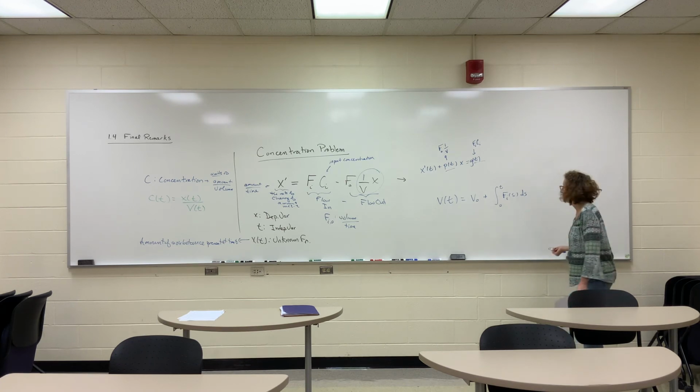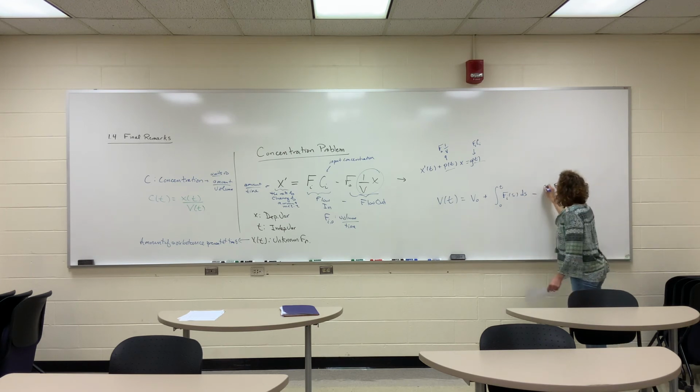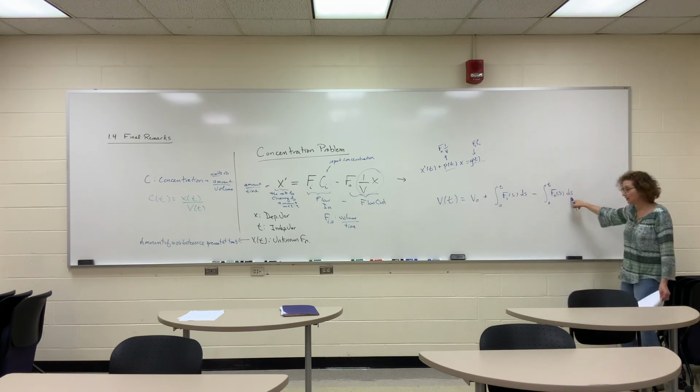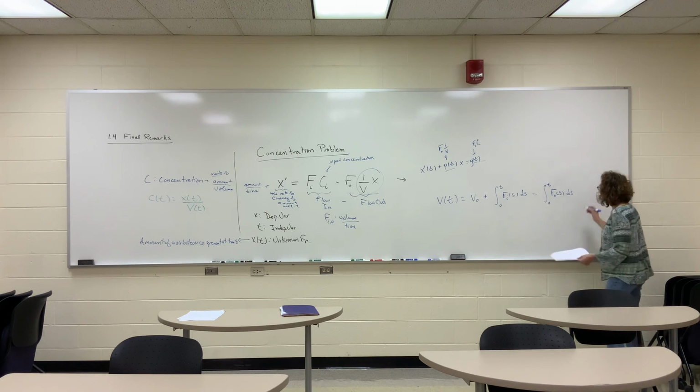This will come out as a function of t, and then I would subtract what's leaving from time 0 to time t, volume per time times time. This is integration with respect to time, I get out volume. And so this is the volume of your solution at time t.